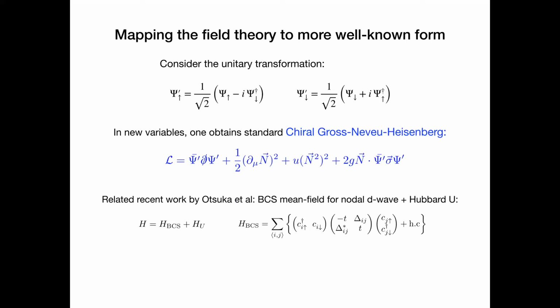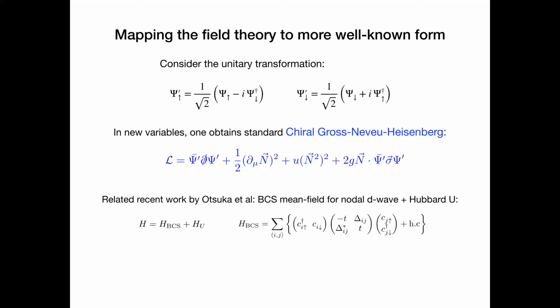Thank you. And there's a recent paper by Otsuka and collaborators where they studied a different model which doesn't actually have a charge U1. They explicitly break it. They just consider BCS mean field and Hubbard U. So this model doesn't have a superconductor in a true sense, because they have explicitly broken the charge U1 symmetry which gives you the superconductor. But this is still an okay model to study this transition.